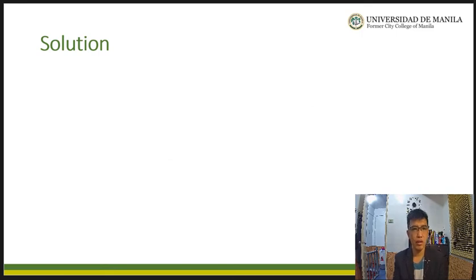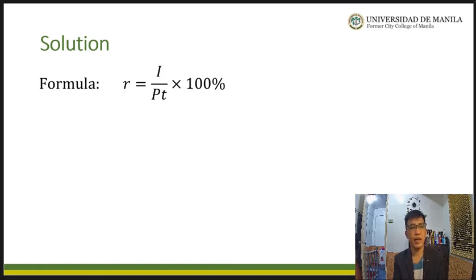And our formula for the rate, since we are talking about the rate of interest, is by using algebraic manipulation, R is equal to the simple interest divided by the principal times time, times 100%. Okay, we multiply it by 100% because we are talking about the rate of interest.